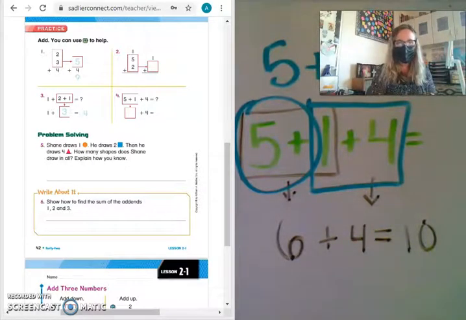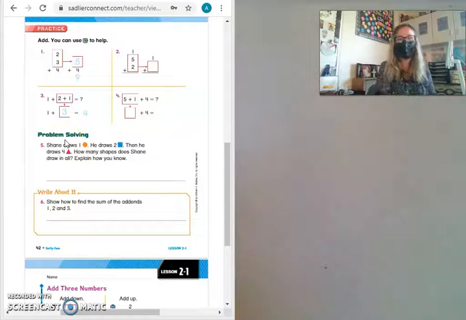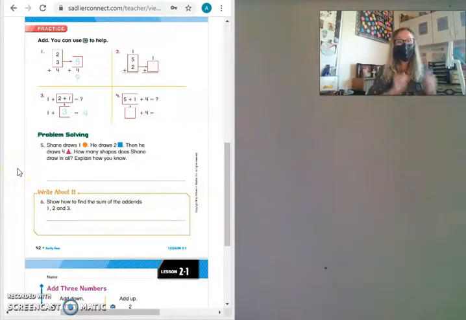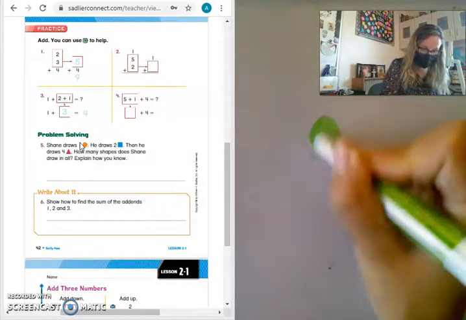All right. So now let's do this problem solving one, okay? It says, Shane draws 1 circle. Everybody circle that, 1 circle. And I'm going to draw 1 circle, okay? Shane draws 1 circle.